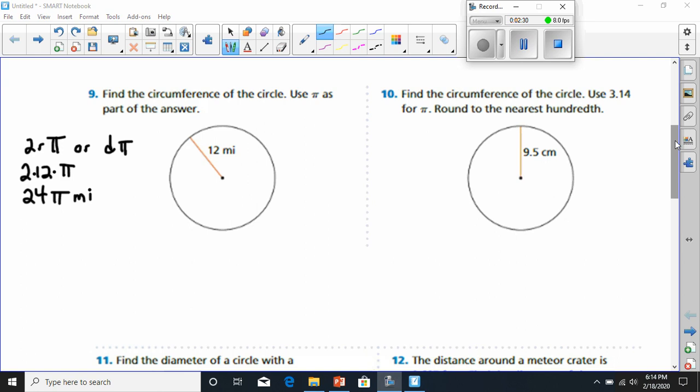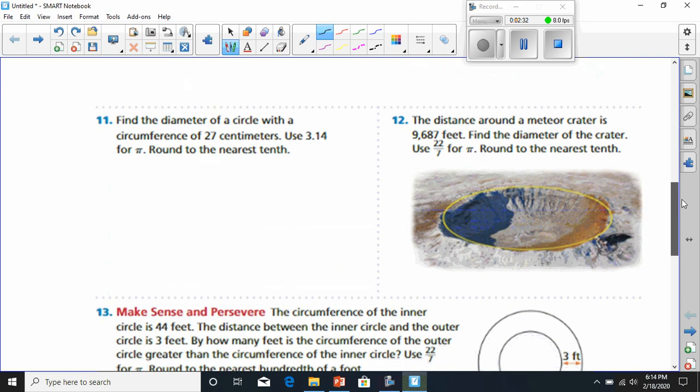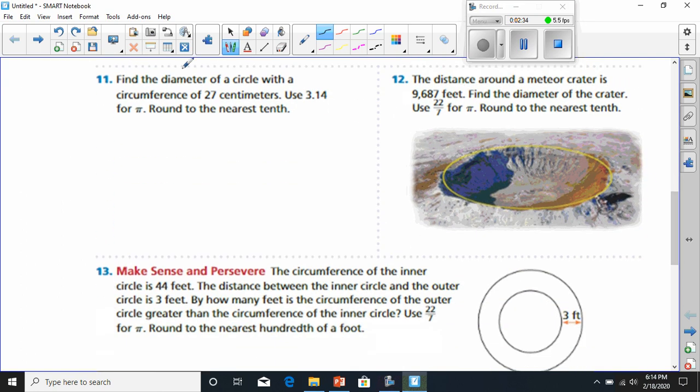All right, let's move on down to number 11. It says, find the diameter of a circle with a circumference of 27 centimeters. Use 3.14 for pi, round to the nearest tenth. This time they want the diameter, and they've given us the circumference.